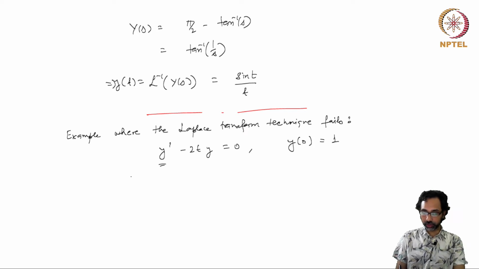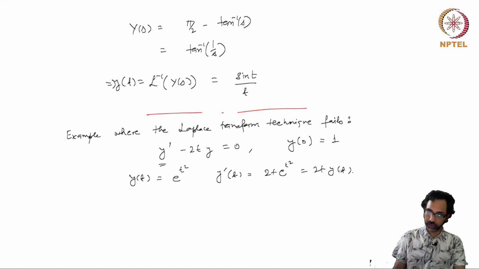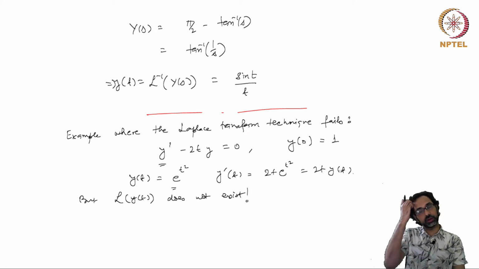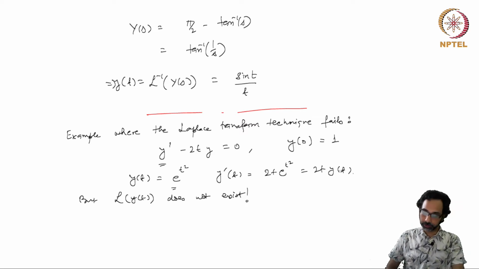Now the solution to this differential equation is e to the power t square. As we can see, y prime(t) equals 2t e to the power t square, which is 2t y(t). So y(t) is a solution to this differential equation, but the Laplace transform of y(t), as we know, does not exist. So one has to be careful when we apply the Laplace transform technique to this kind of equation. It may not always work.